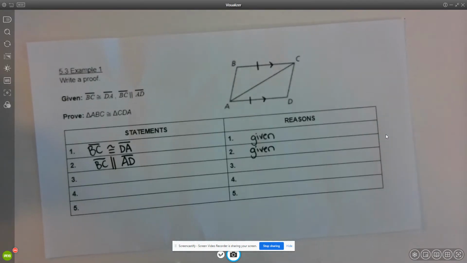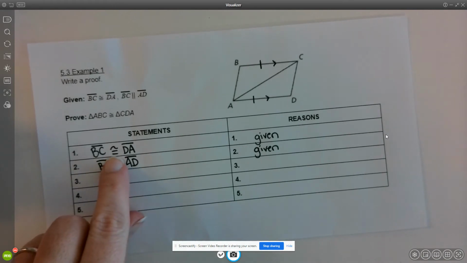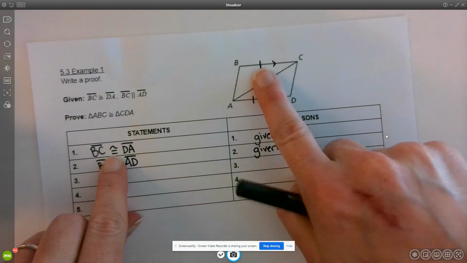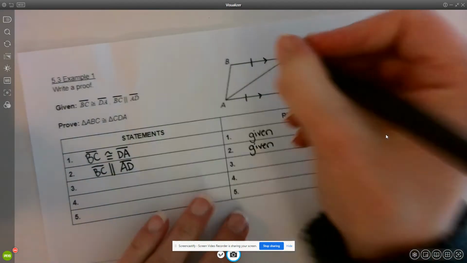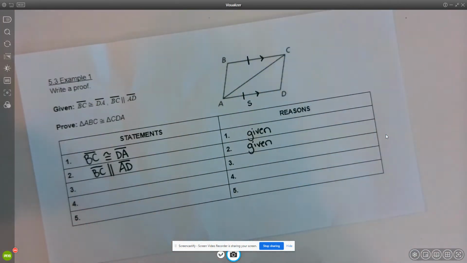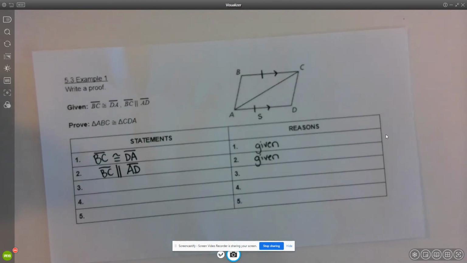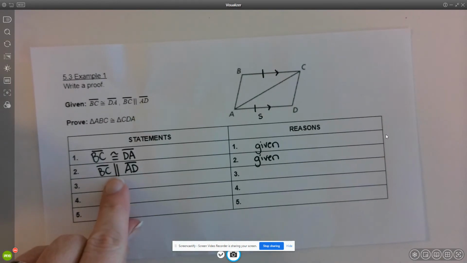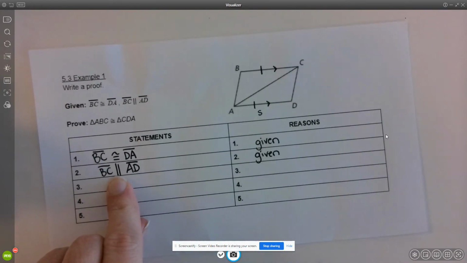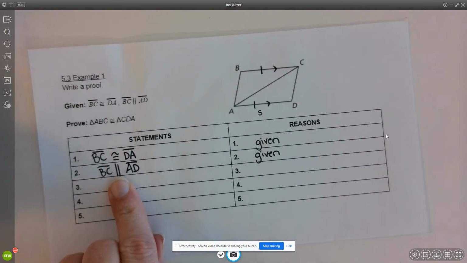So what I like to do, this is already given and it's labeled in our picture. So we do have one side. I'm just going to put a little S in the picture. I do have one side that I know is congruent in the triangles. Let's see if we can do anything with this second given statement. Line segment BC is parallel to line segment AD.